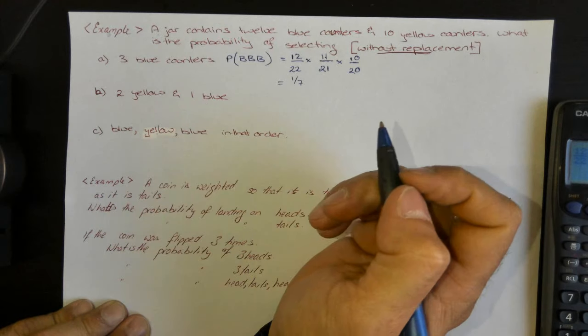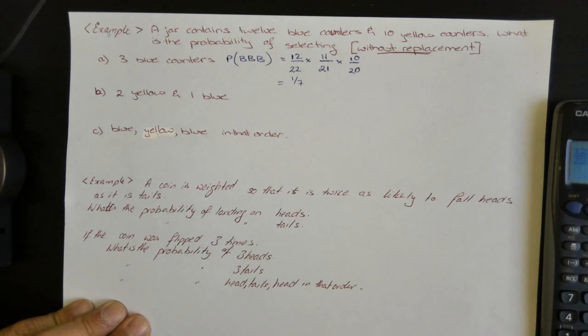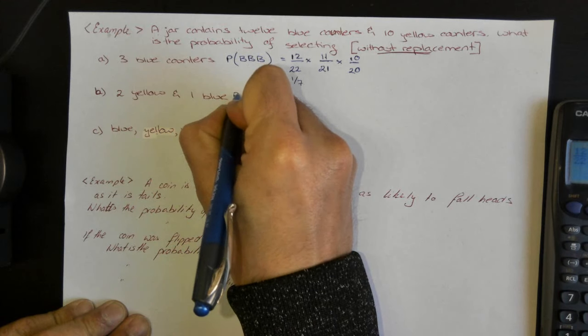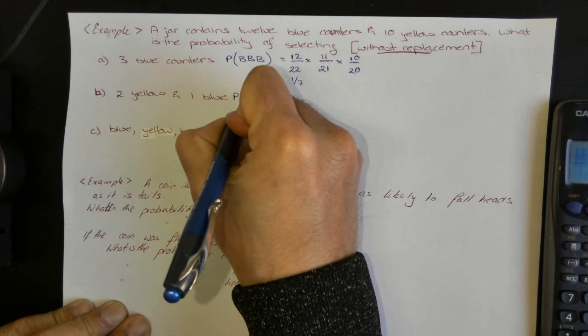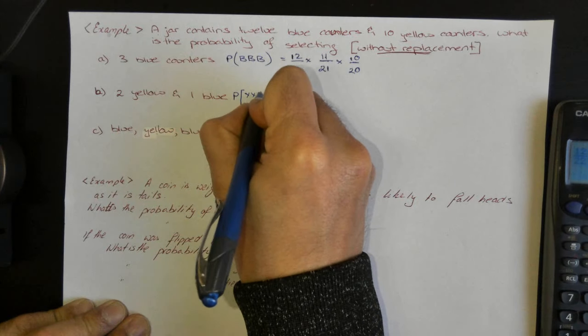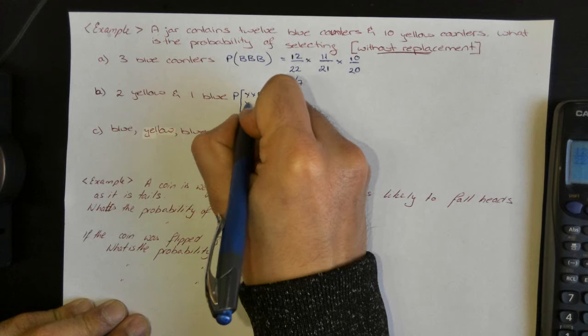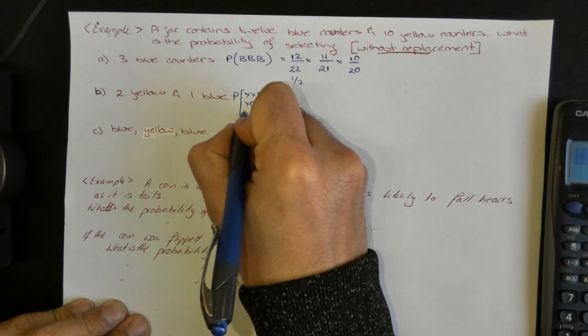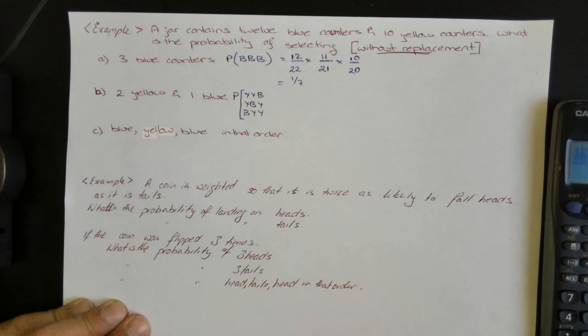The probability of 2 yellow and 1 blue. Okay. So this situation means I could have yellow, yellow, blue. I could have yellow, blue, yellow, or blue, yellow, yellow.